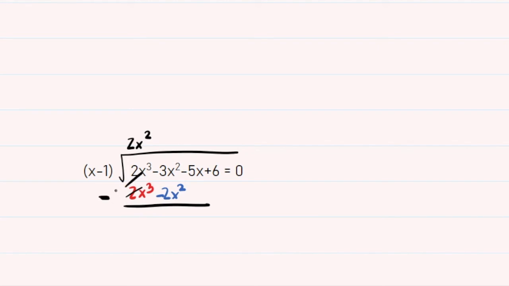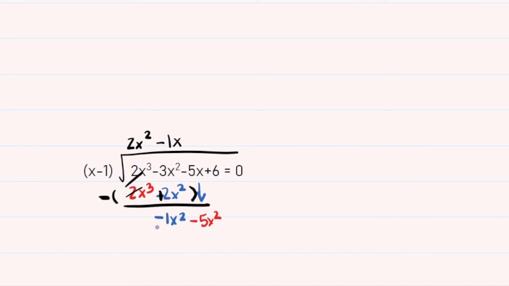Then make sure to remember that this is subtracting, so this will become negative 3x squared plus 2x squared, which is equal to negative 1x squared. We move the 5x down, so this becomes negative 5x. Right, and to get negative x squared, we just multiply this by negative 1x.